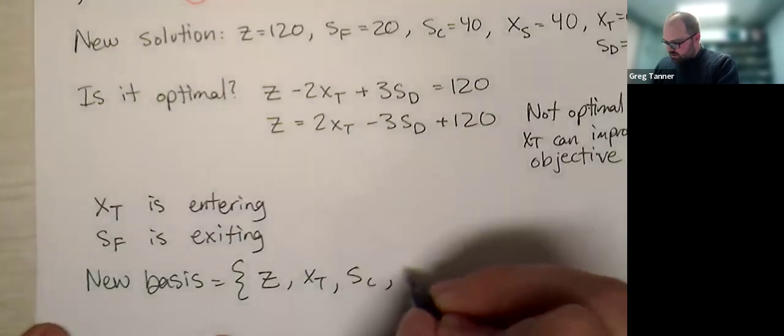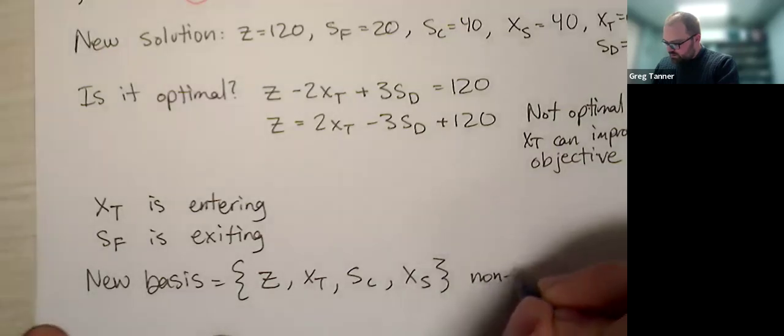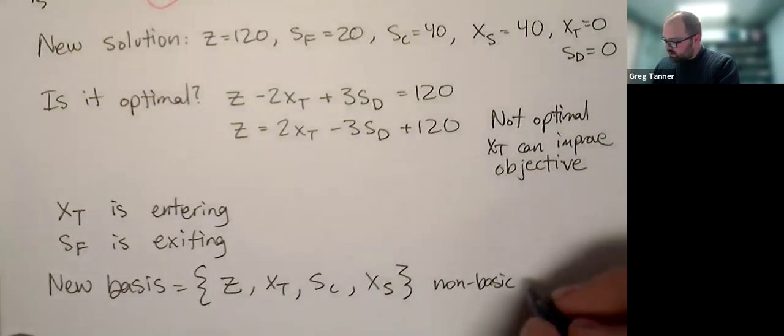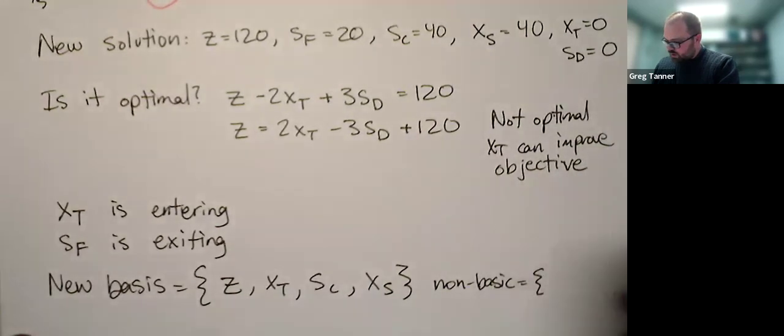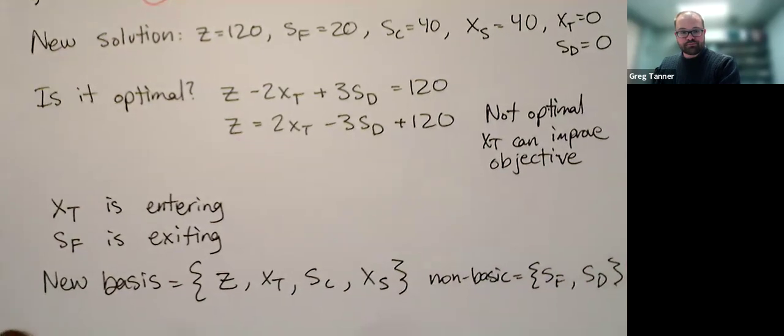SC is going to stay in, and XS is going to stay in. And then our non-basic variables are going to be, well, we just had SF leave, and SD left in the previous iteration.